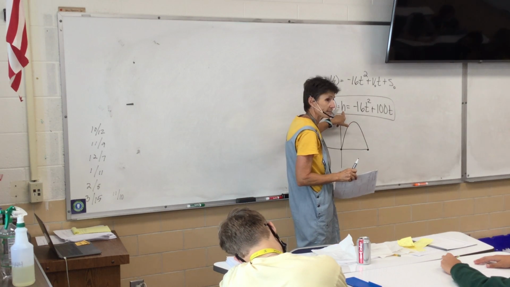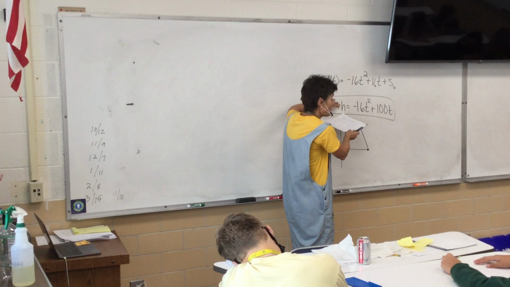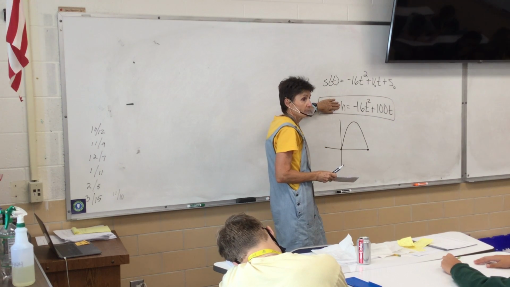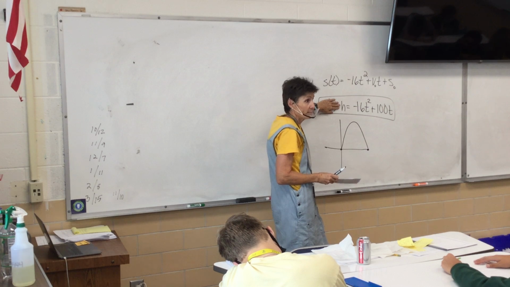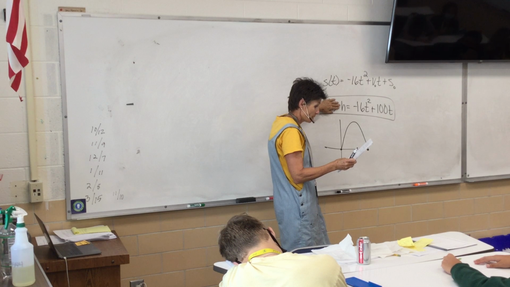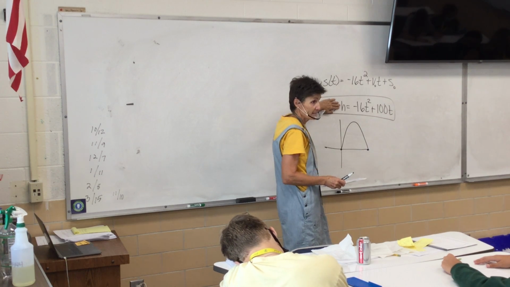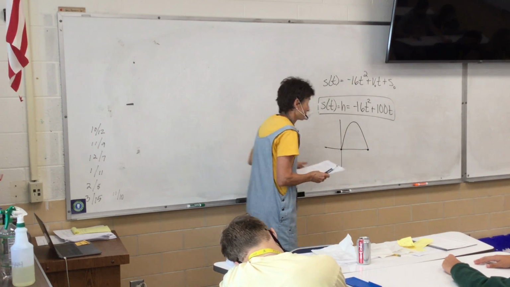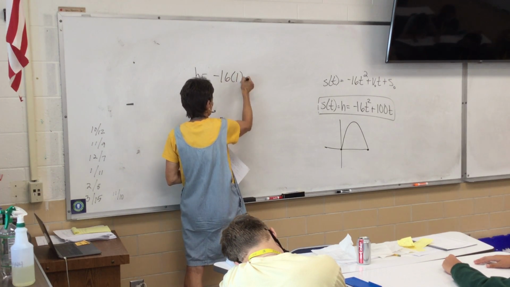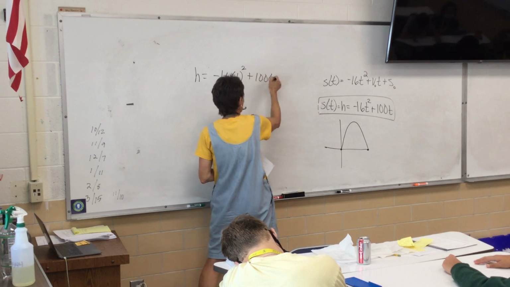It has height. Don't let this confuse you. It has height and it has time. You have to plug in one of them. You have to know h, or you have to know t. So in this problem, it says t is 1. So my height will be -16 times 1 squared plus 100 times 1.